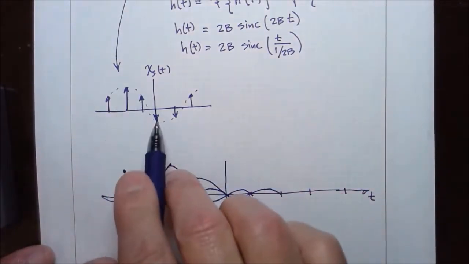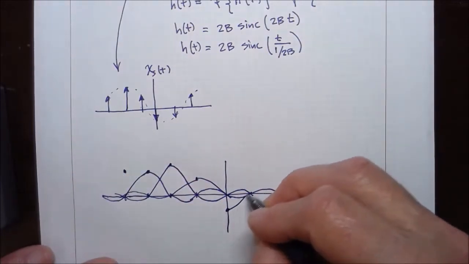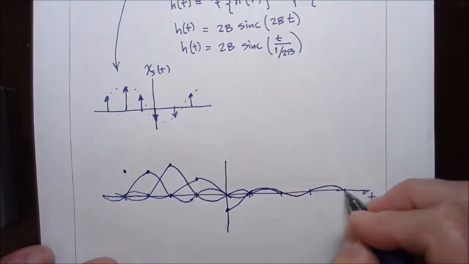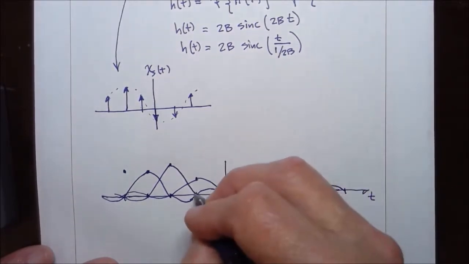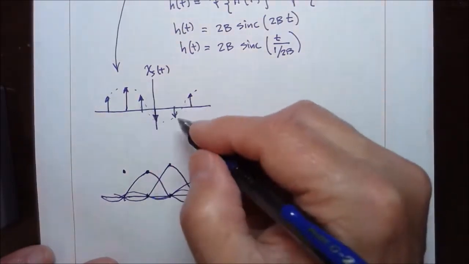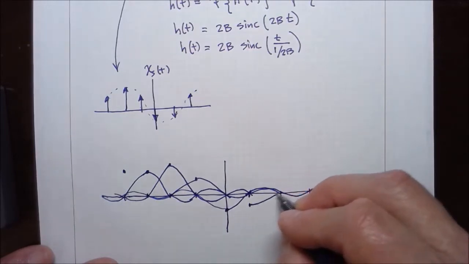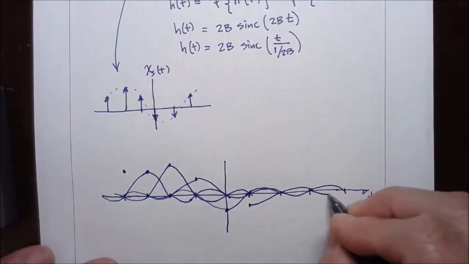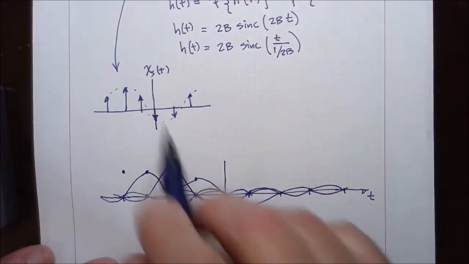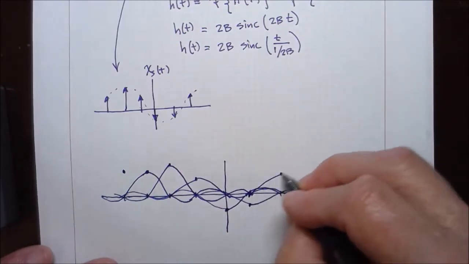And then when this one is input, the output is scaled negative, and the next one as well is a shifted sinc function as well. And then this one is positive again.